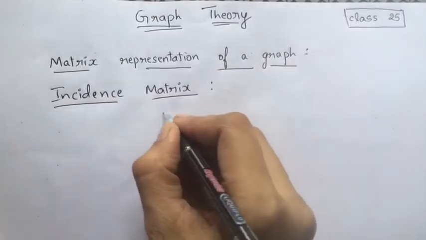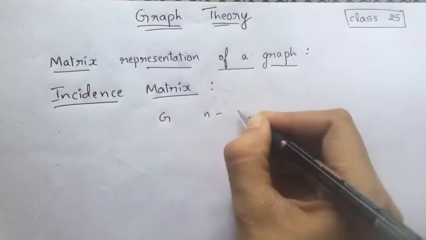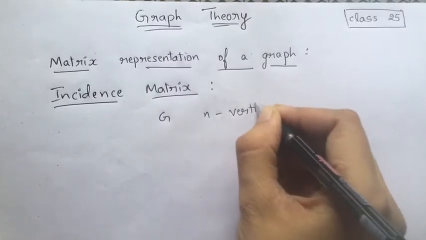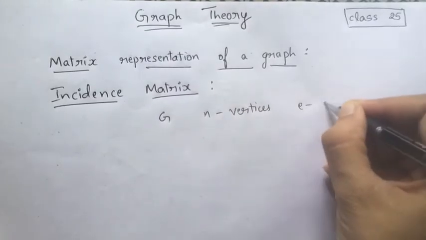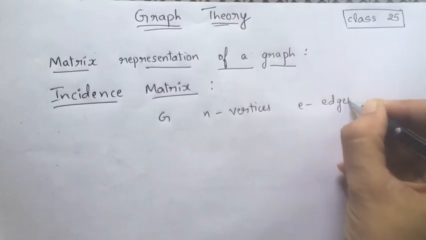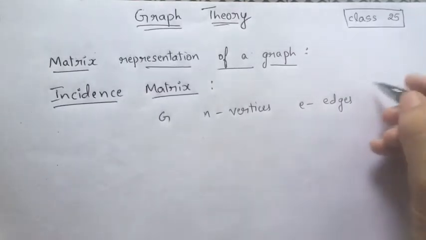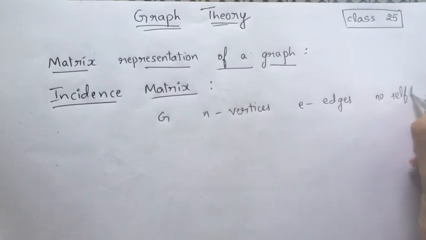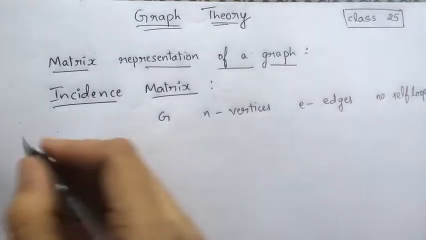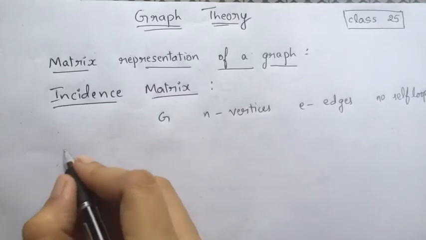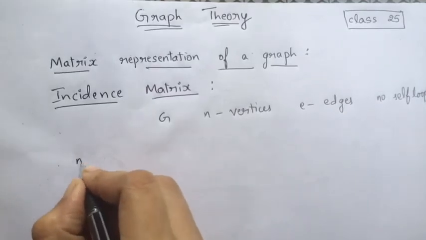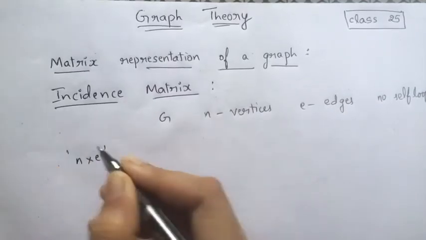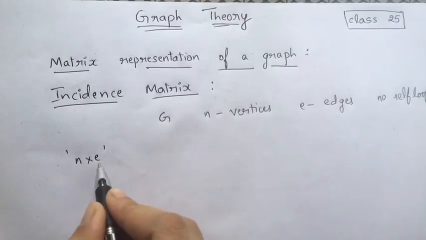If I have a graph G with n vertices and E edges, and there is no self loop, then I can define a matrix of order, say, n cross E, where n is the number of vertices and E is the number of edges.